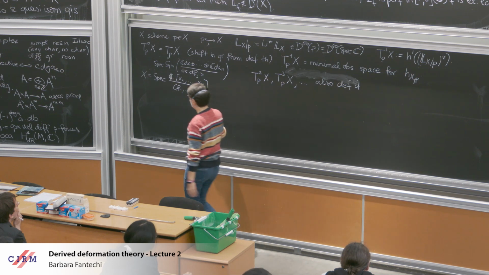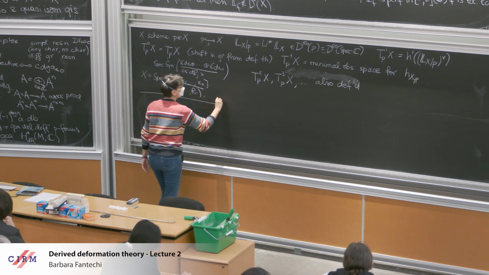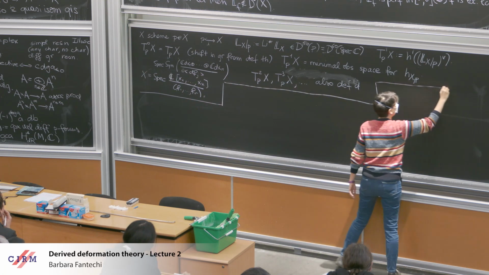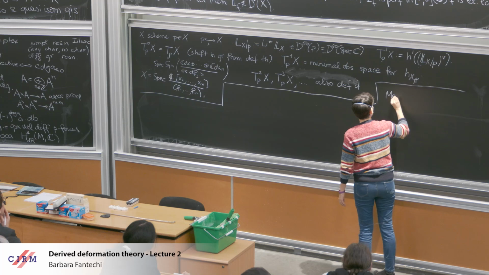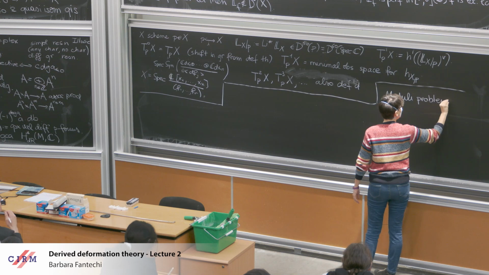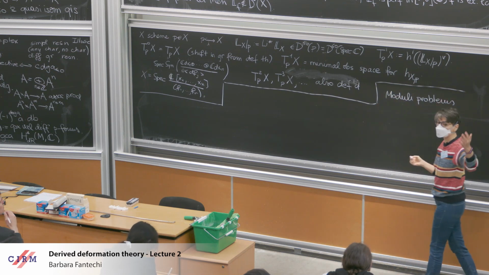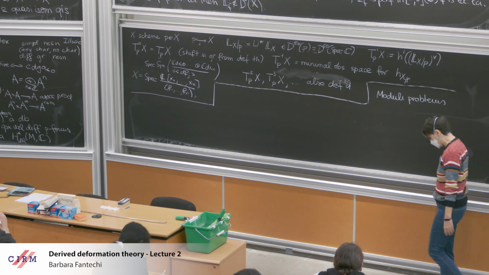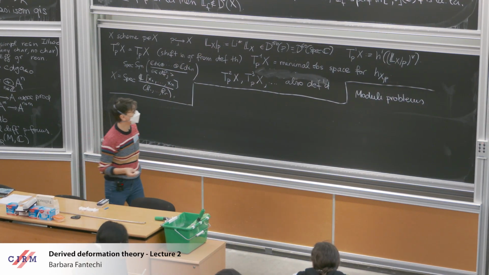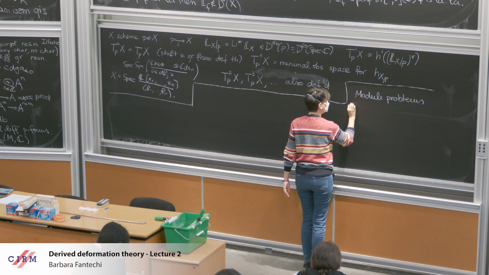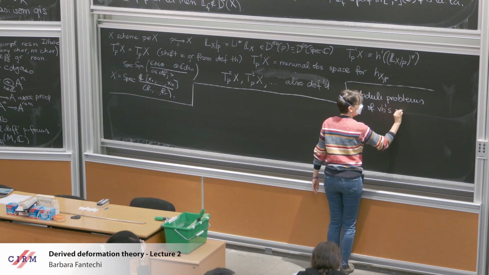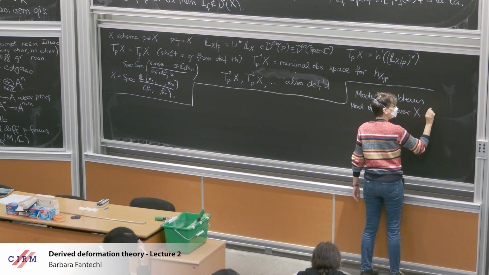But on the other hand, remember that when we look at moduli problems, and for instance, to again tie back to what Mauro was saying today, you look at the moduli of vector bundles over X projective.